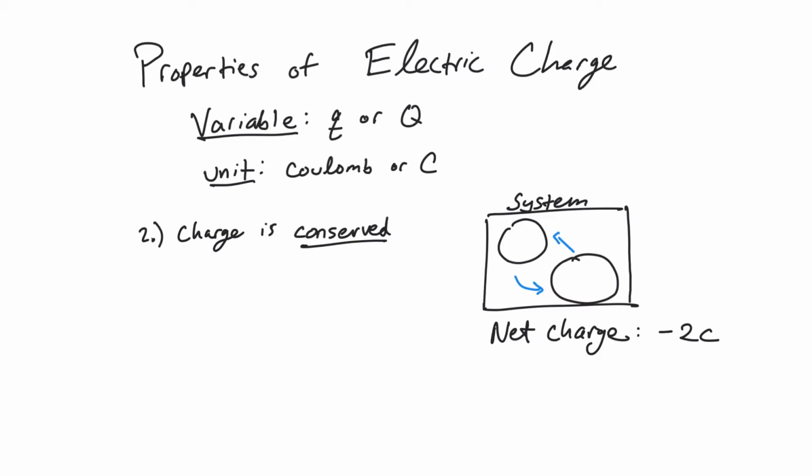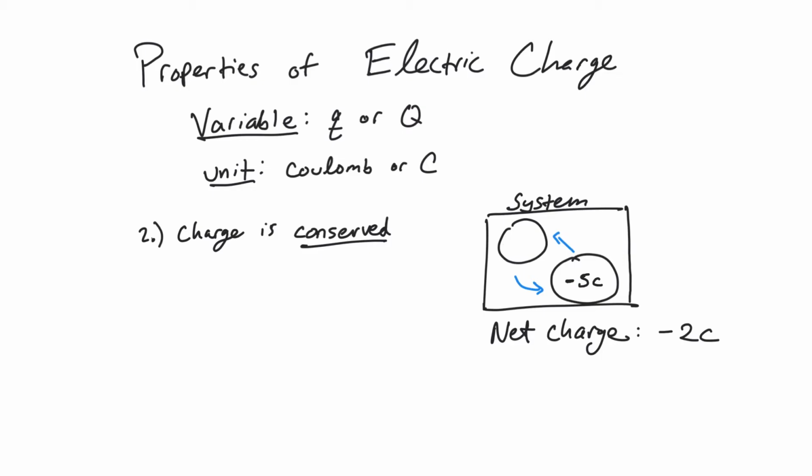Okay, well, a simple idea would be that this minus 7 coulomb charge decided to give maybe 2 coulombs of negative charge to the first object up there. So now it would have a charge of minus 5 coulombs.